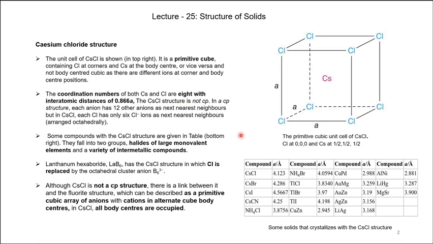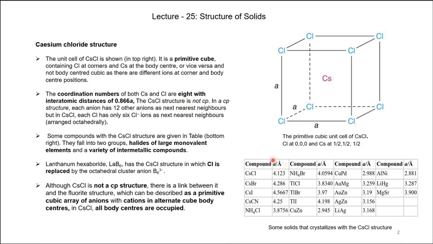We know alkali metals have +1 oxidation state, and cesium is the largest one in group 1. So all cesium halides, cesium cyanide, and ammonium chloride belong to the cesium chloride structure.